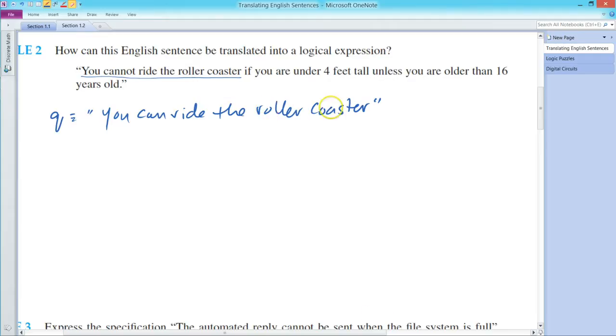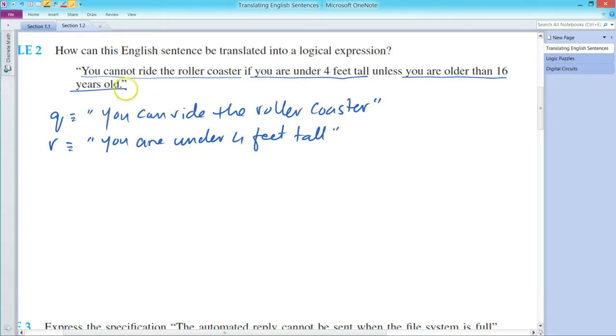Okay, the next component, you are under 4 feet tall, so I'm going to assign variable r to the statement, you are under 4 feet tall. And continuing with that, the third component is, you are older than 16 years old, so I'm going to say s is defined as, you are older than 16 years old.